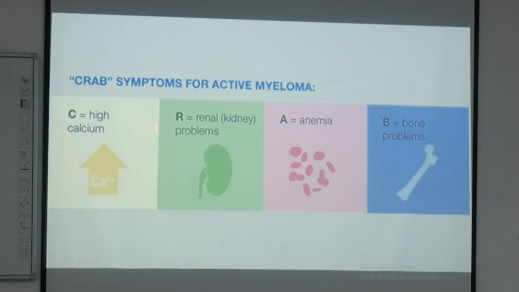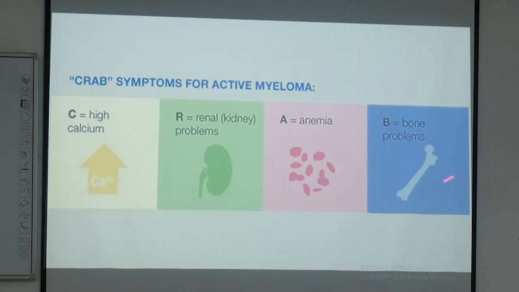So these are the main four features of multiple myeloma. There will be anemia because the bone marrow has much more plasma cells, and so the number of red cells produced will be less. The bone is getting degraded, so the bone will release calcium.